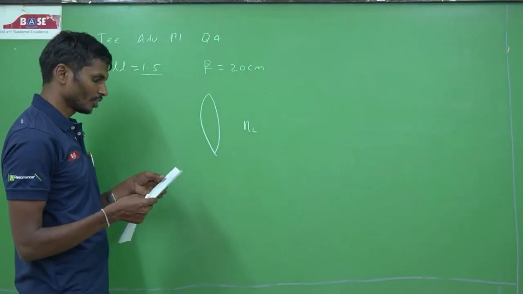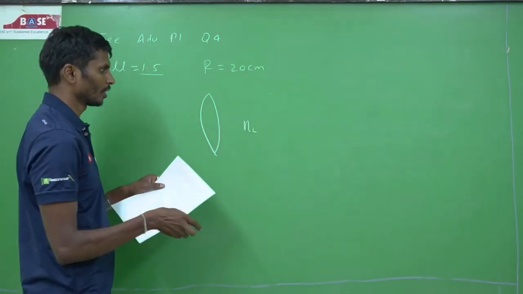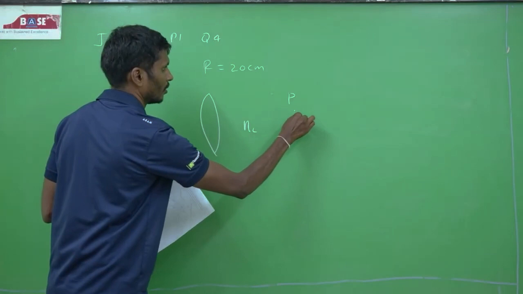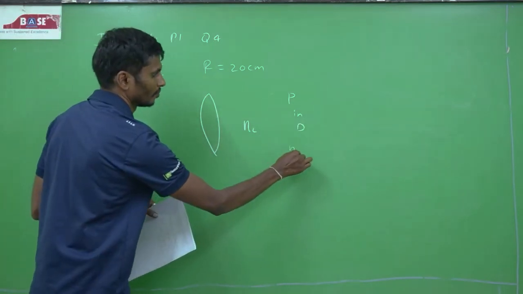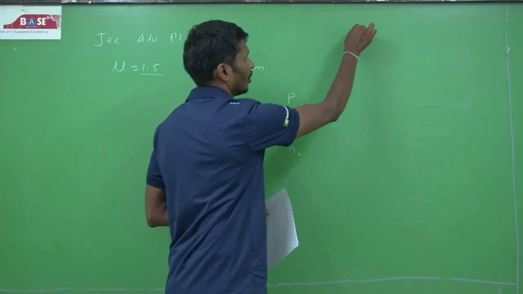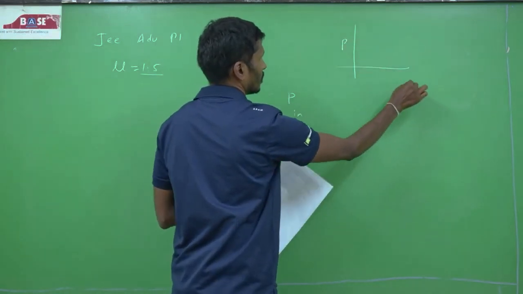Which is the correct plot showing the variation of power in the units of diopter as a function of NL? So we finally need a graph of power versus NL.